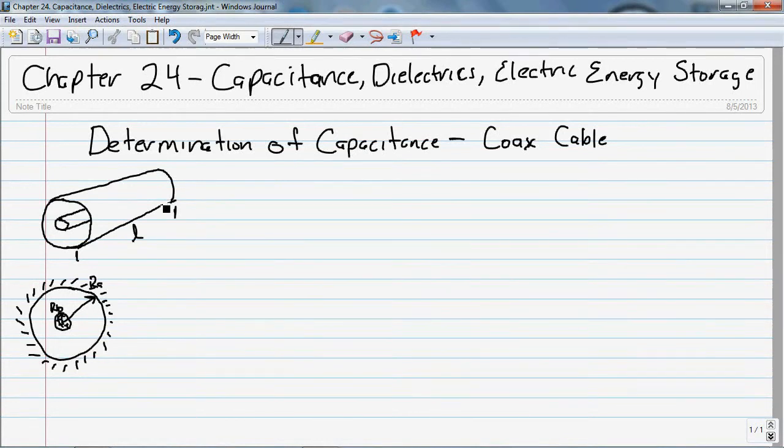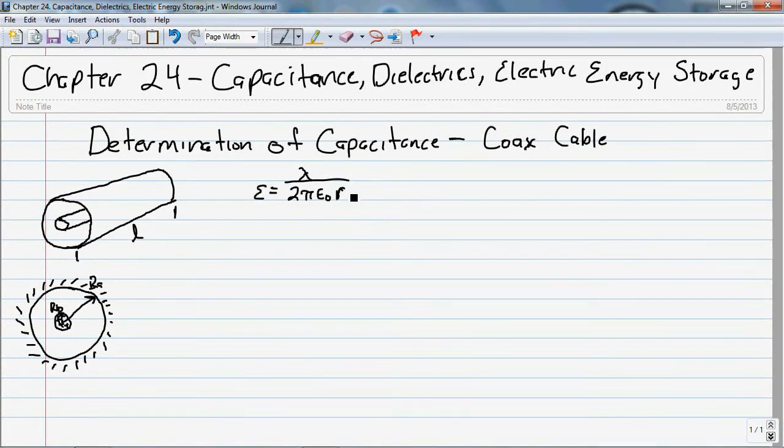So we need to first come up with the electric field. The electric field we found in chapters 21 and 22 is equal to lambda over 2 pi epsilon naught times r, r being the distance away from the conductor.